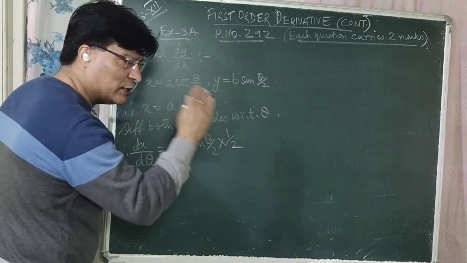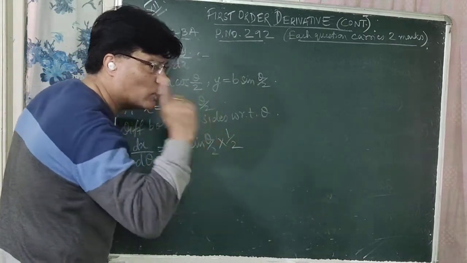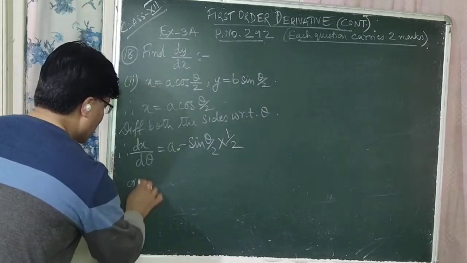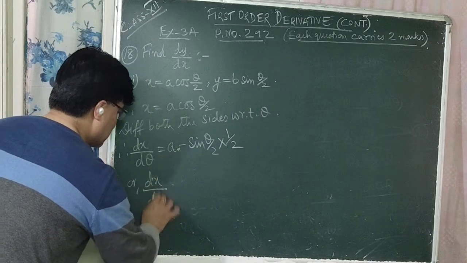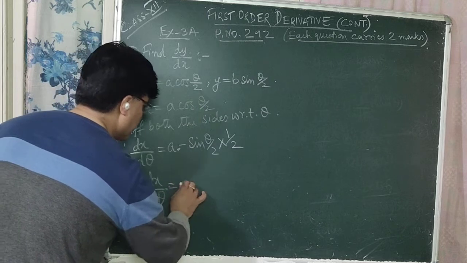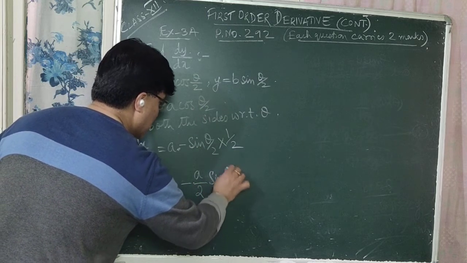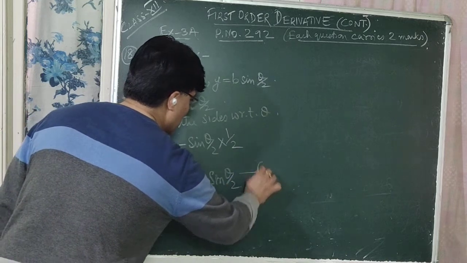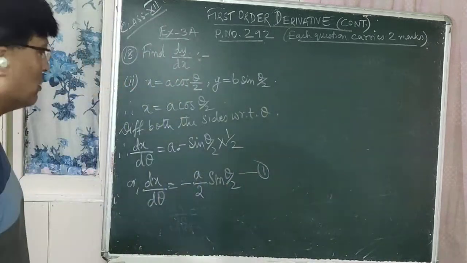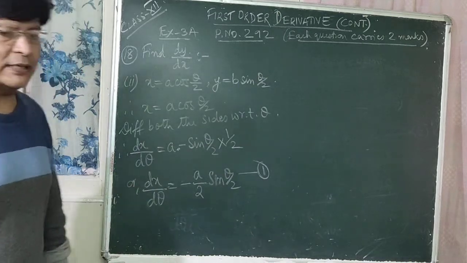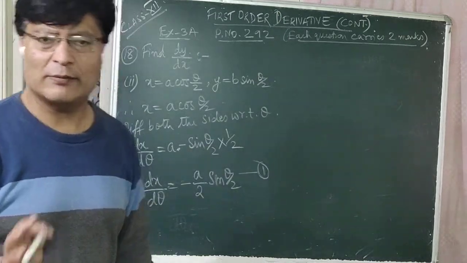So half into d by d theta of theta is always 1. So you will get only half, right? So dx by d theta is equal to minus a by 2 into sin theta by 2. So let us mark it number 1. Got it? So dx by d theta is equal to minus a by 2 sin theta by 2.